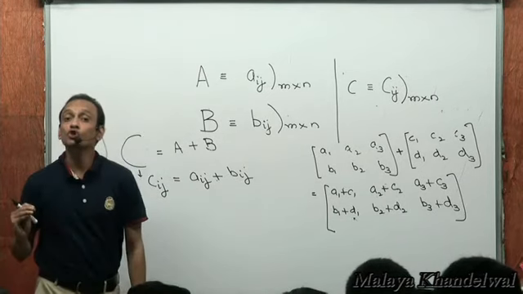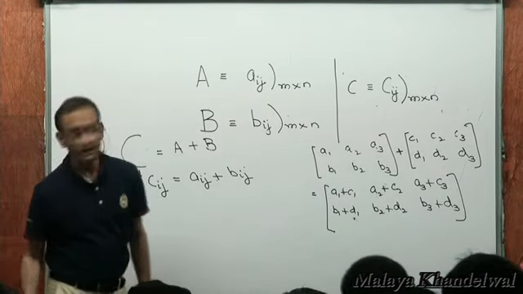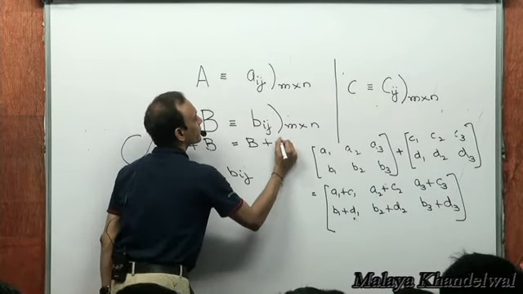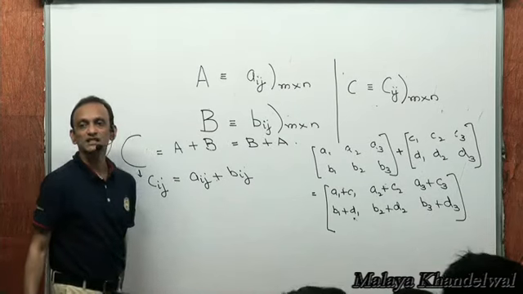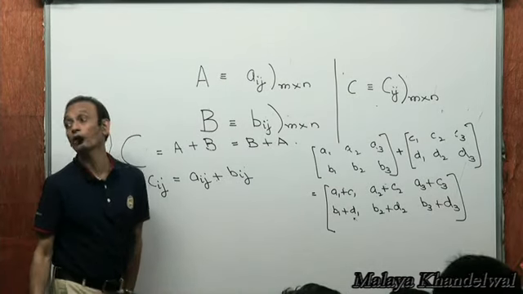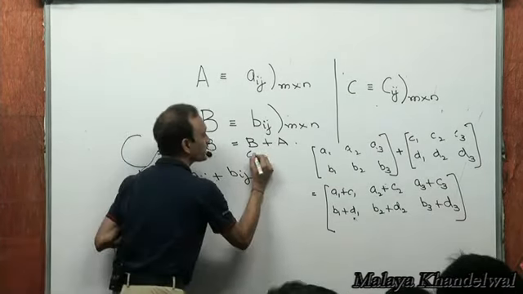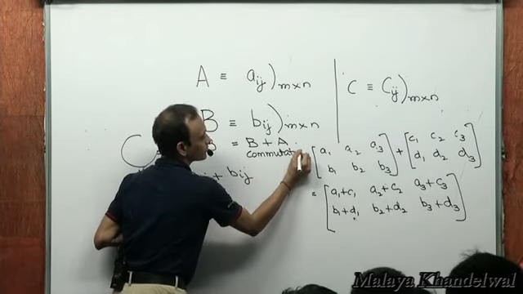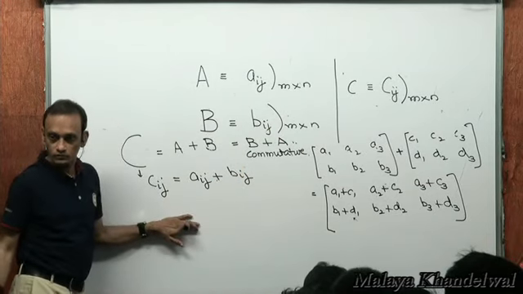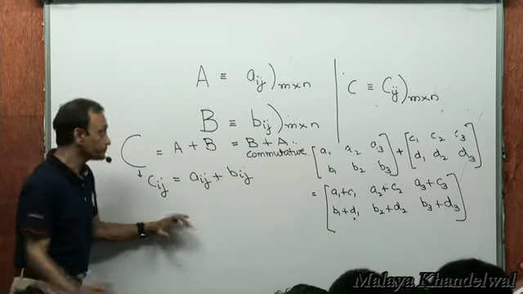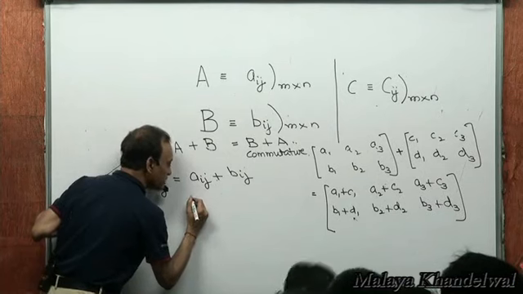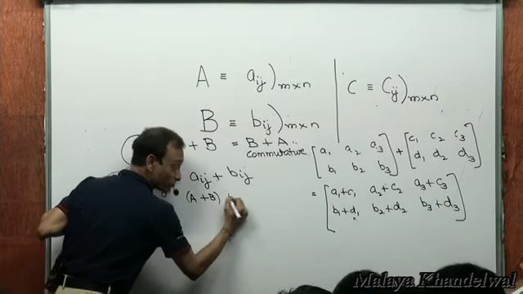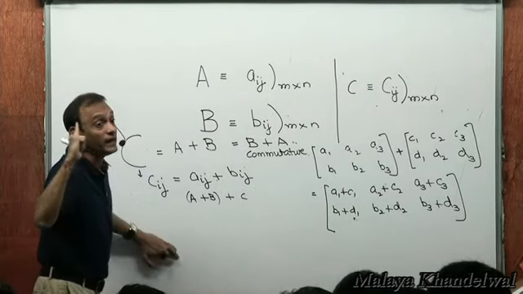And this operation is commutative. A plus B is the same as B plus A. This operation of addition is commutative, right? Also, if I add 3 matrices, A plus B, of course, when I add matrices, they have to be of the same order.